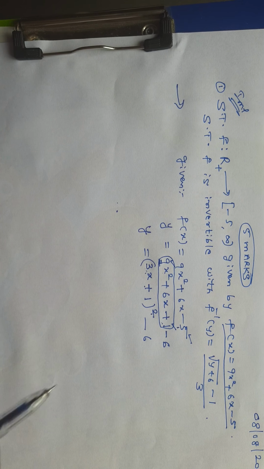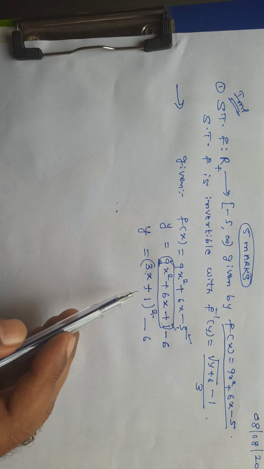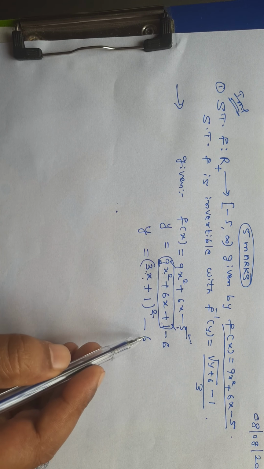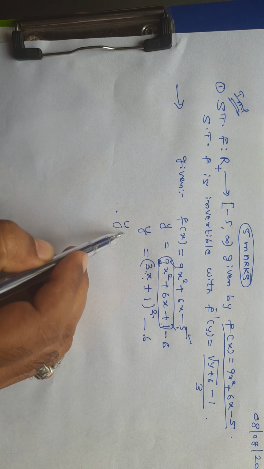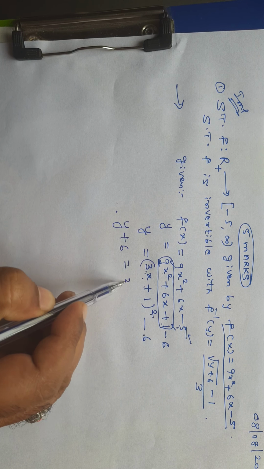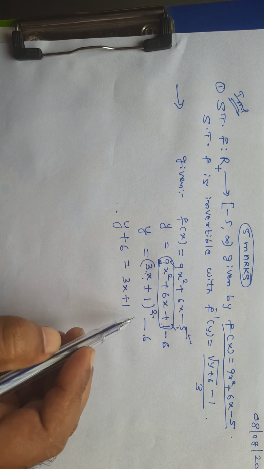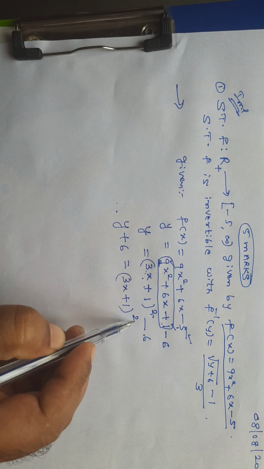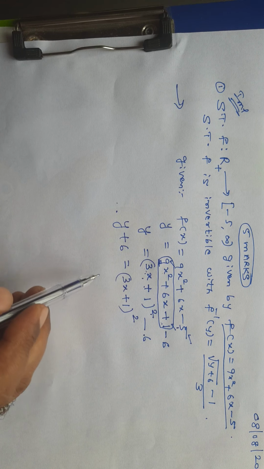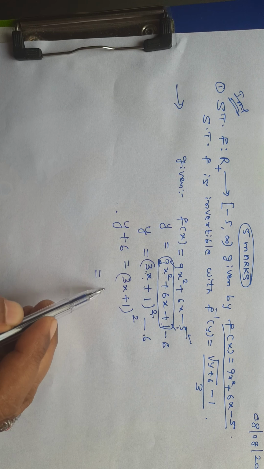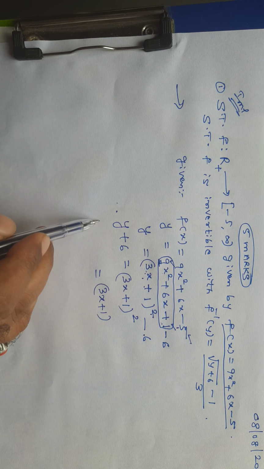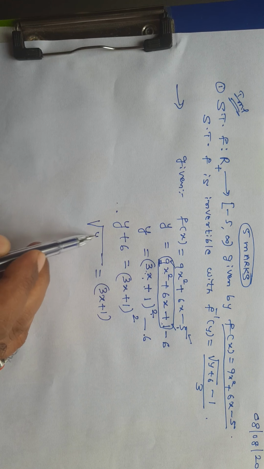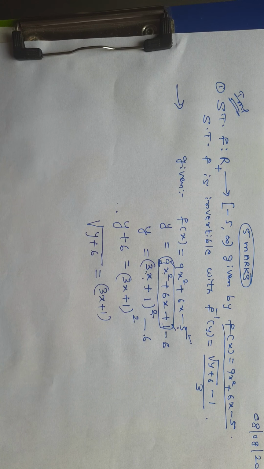Now we have to solve for x here. So you shift this 6 to the left hand side. y plus 6 is equal to 3x plus 1 whole square. I don't want this square here. So 3x plus 1, the square becomes what? Square root.